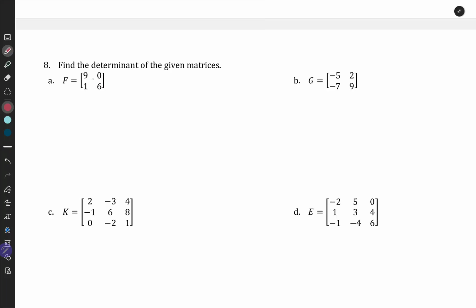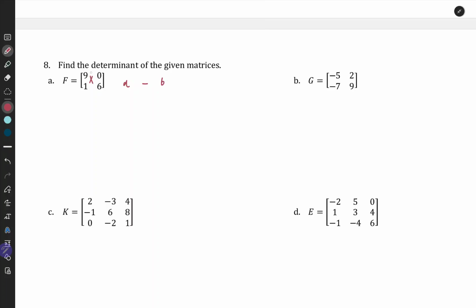So, how do you find a determinant? With a determinant, you just multiply these crisscross and then put them in this formula, which is your A answer minus your B answer, basically.